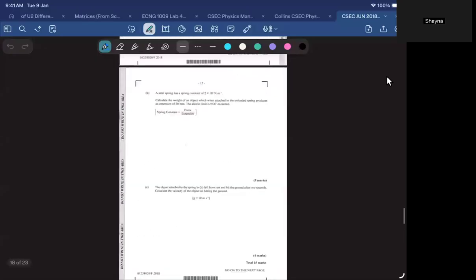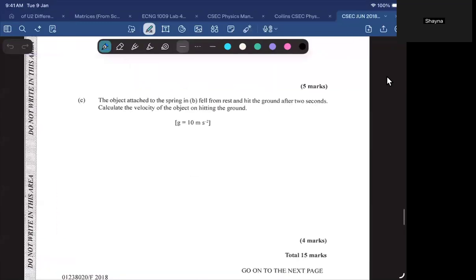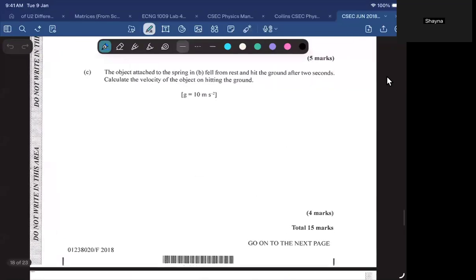Wait. Okay, I'm seeing a question here. The object attached to the spring in B fell from rest. So if it fell from rest, what is U?